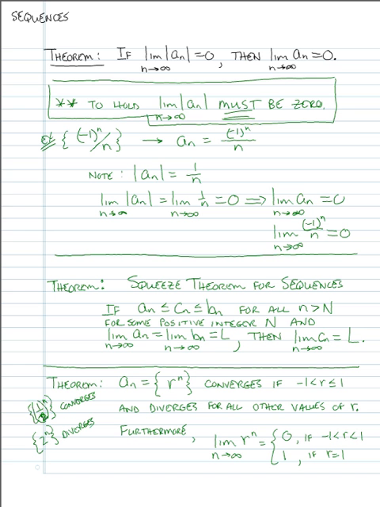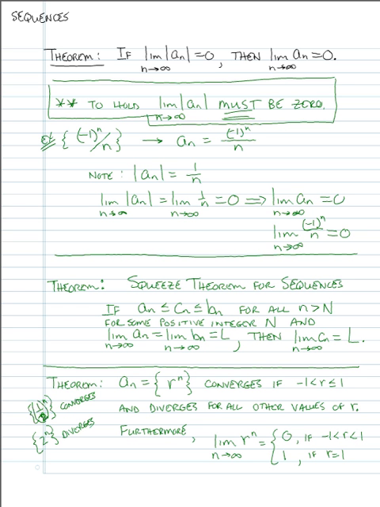Now furthermore, if it converges, it tells us exactly what it converges to. That is, if we have an appropriate r that's between -1 and +1, but not equal to -1, could be equal to 1. In that case, if we look at the limit, it will be 0. The limit of the sequence will be 0 as long as the r is strictly between -1 and +1.